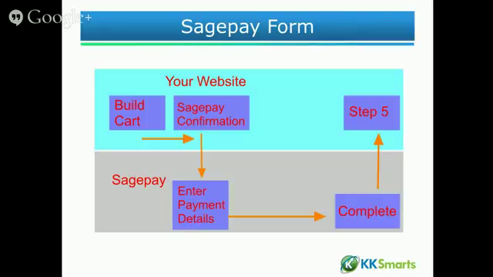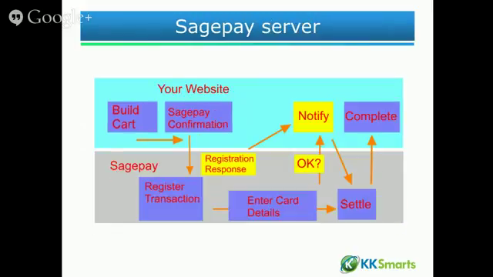And for those kind of situations, Sagepay and some of the other better quality payment providers have another solution. They have something called their server solution. And that enables you to effectively hide all of the Sagepay pages and stuff inside a window that appears to be on your website. So it's actually done using an iframe, right?